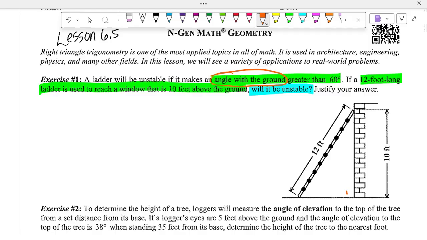So we know our 90-degree angle would be the ground to the building. But which angle would be the angle that we're actually looking at? Would it be the angle here or the angle at the top? It would be the angle at the bottom. So this would be our reference angle here. So they're saying that angle, if it's greater than 60 degrees, will make the ladder unstable. All right. So how would I find that angle first off?